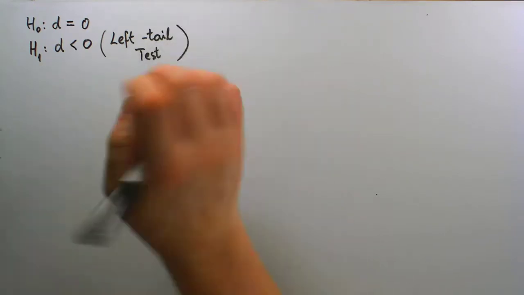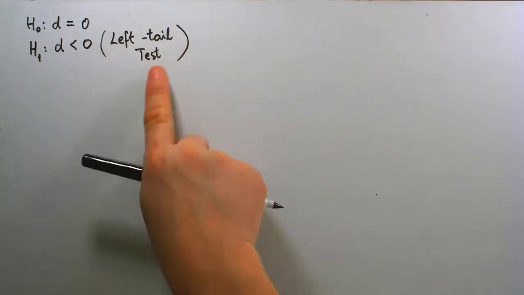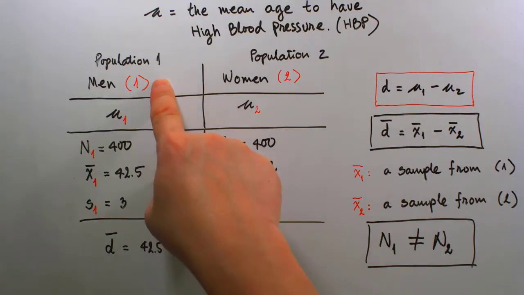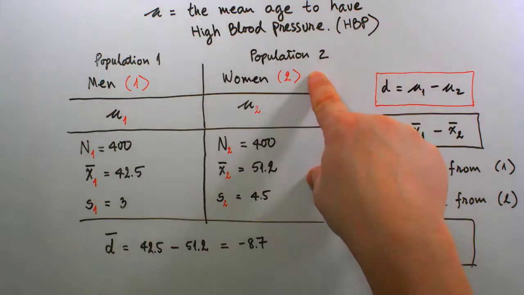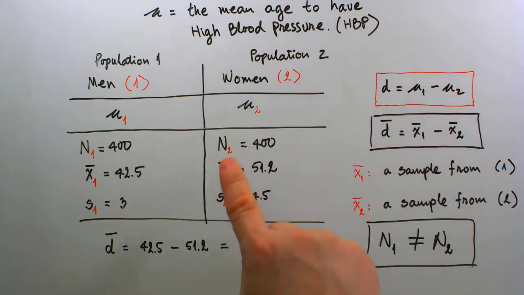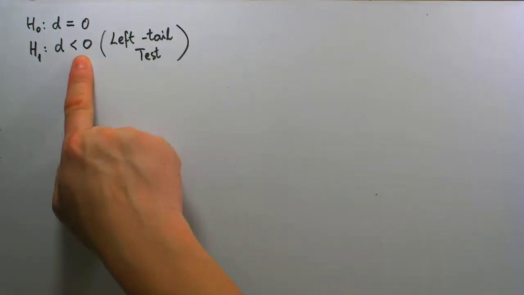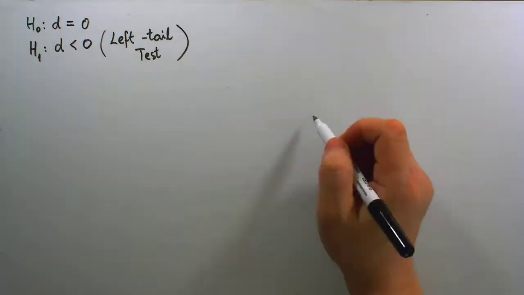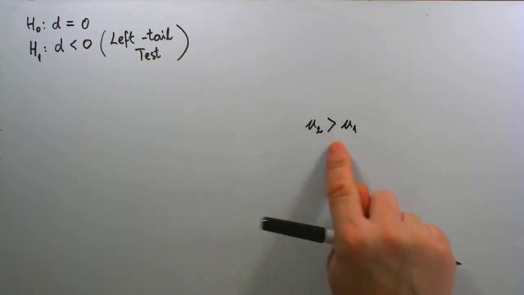We have come to use a left tail test simply because I decided that population 1 is the man population and population 2 is the woman population. Consequently mu1 minus mu2 is the difference, and we're trying to prove that the difference is below 0, according to the statement, again, that mu2 is greater than mu1, right from the wording of the problem.